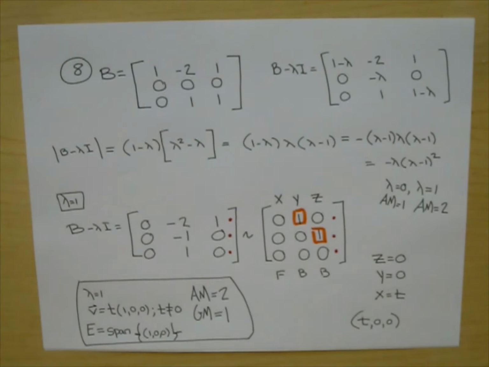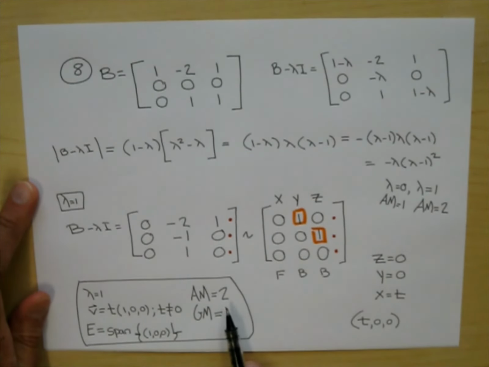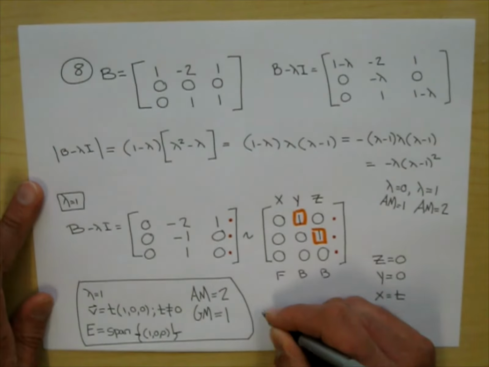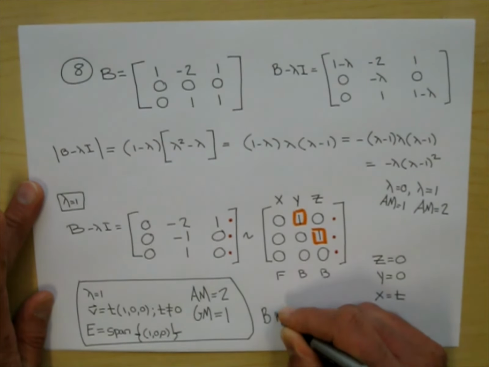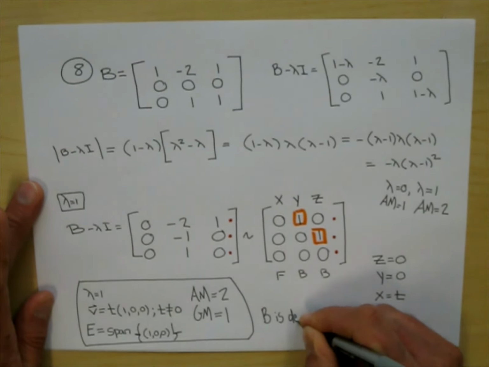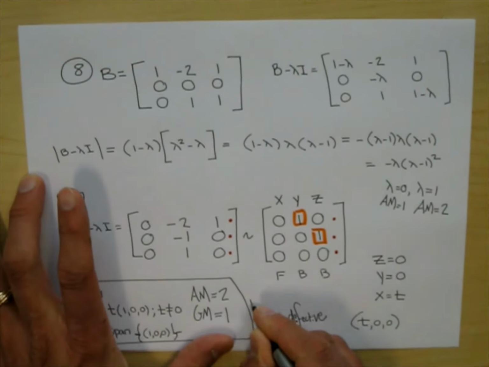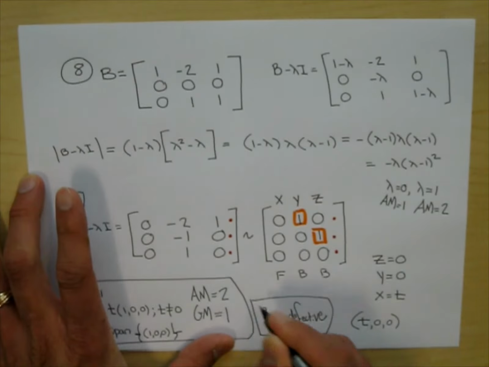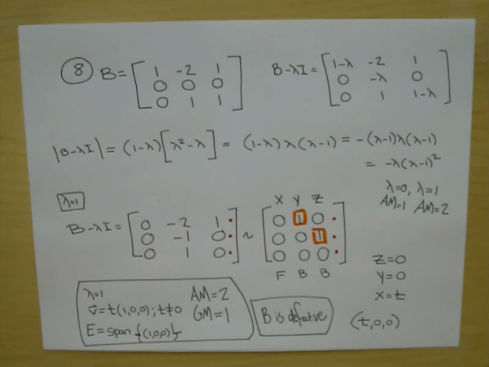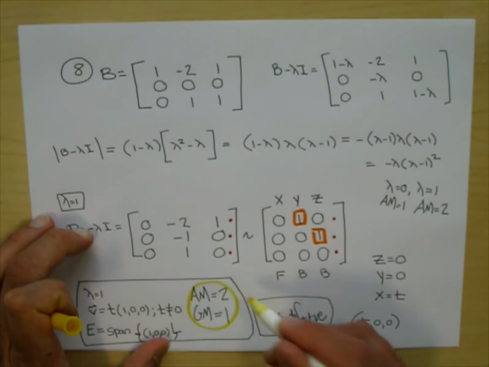This tells us something about the matrix. We have an eigenvalue where the algebraic multiplicity and the geometric multiplicity are not equal. So that tells us B is defective. Why is B defective? Well, let me just go ahead and circle these because those guys are not the same.